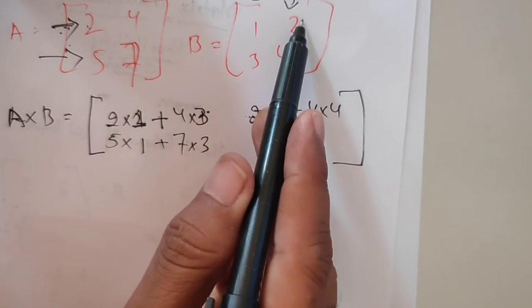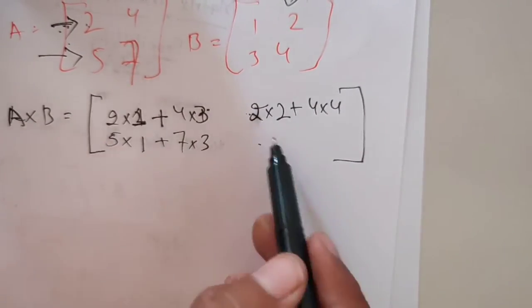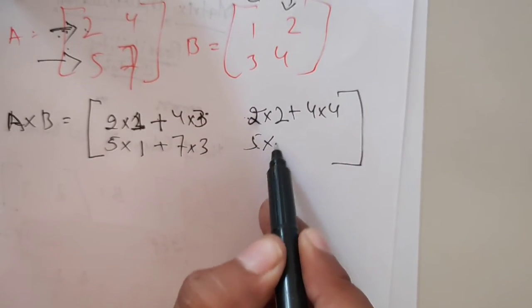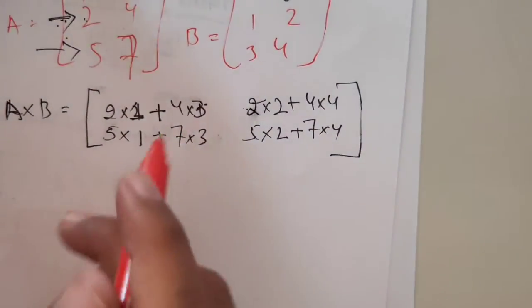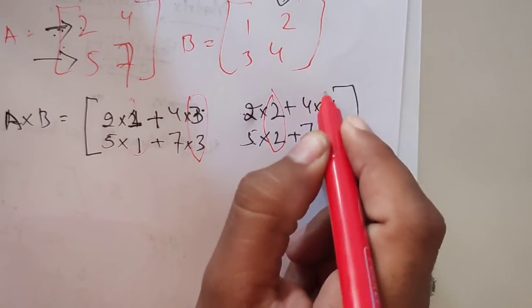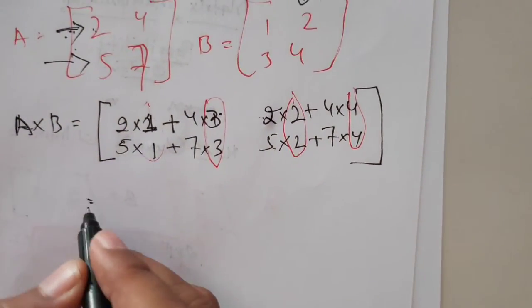Now this is the second column, we use the second row, the row is the same but the column changes, so we write it here. So 5 multiplied by 2 plus 7 multiplied by 4. Here we see that the multipliers are all the same, so it is the correct multiplication.